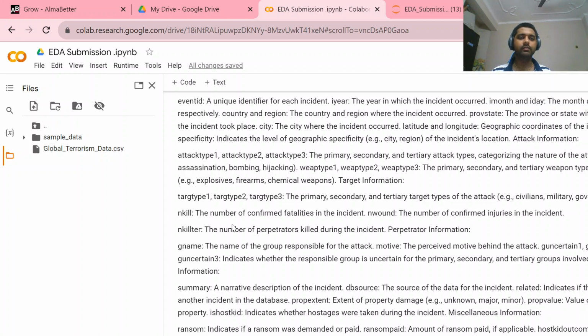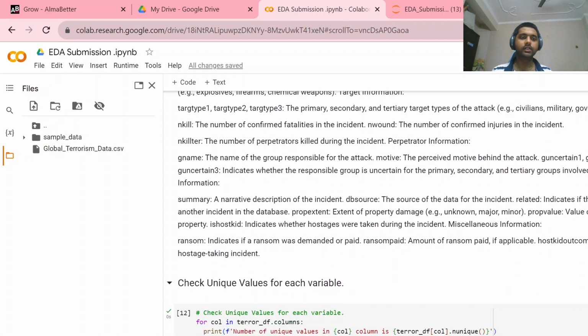Nkill is the number of people killed. Nkillter is the number of perpetrators who prepared for the attack and got killed in that attack themselves. Gname is the group name, the group that took responsibility for the attack.